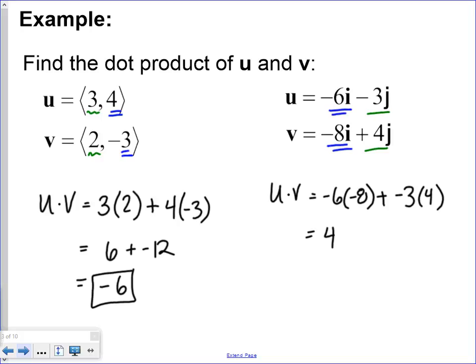And you get positive 48 plus -12, so a dot product of 36. So not a hard calculation, like much of the work we've done with vectors. Just make sure you pair horizontal components and vertical components together when you multiply.